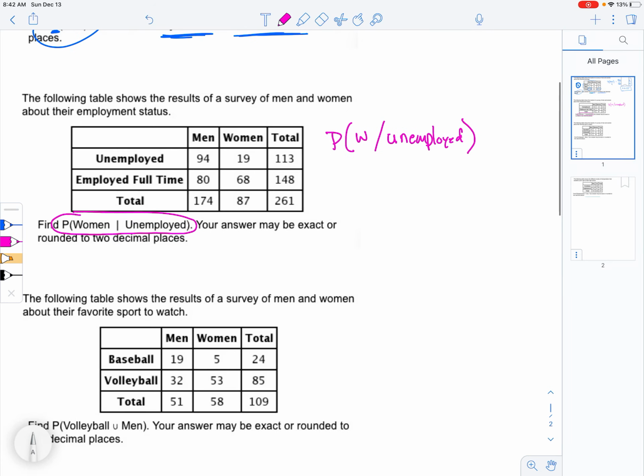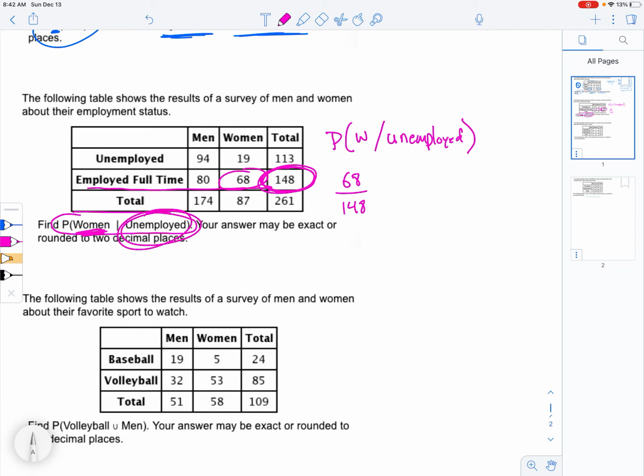There are 148 unemployed. And how many of them are women? Well, 68 of them. So the probability that you choose a woman from the unemployed group is 68 out of 148. It's the number of women in the group we're discussing, and the group we're discussing is the unemployed group.